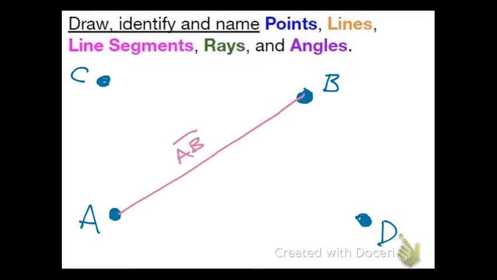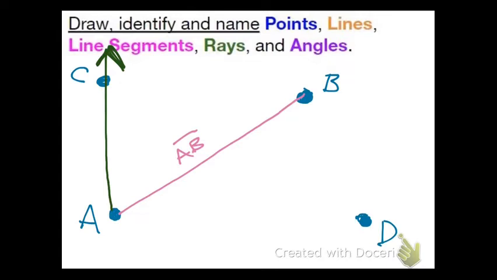A ray is somewhat like a line segment, but tell me how it's different. So watch me draw it. How is a ray different than a line segment? You're right. A ray is a line segment that keeps going in one direction.